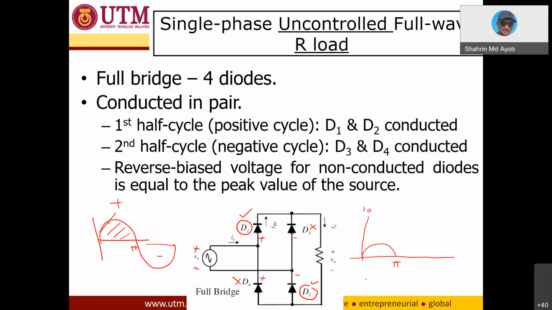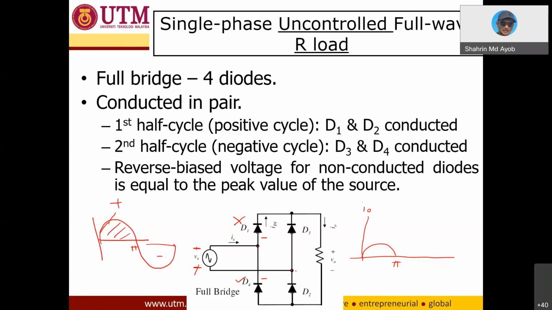And then for the negative half cycle, the polarity has been reversed. So this one is negative and this one is positive. Since this one is negative, D1 is off. This node is connected to the cathode of D4, so D4 will turn on.